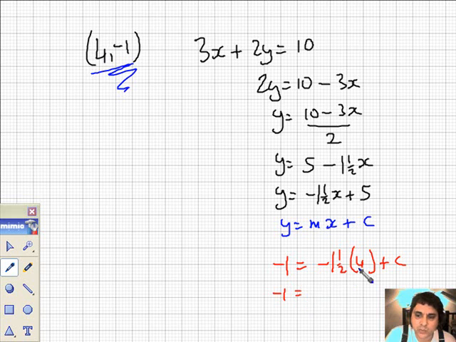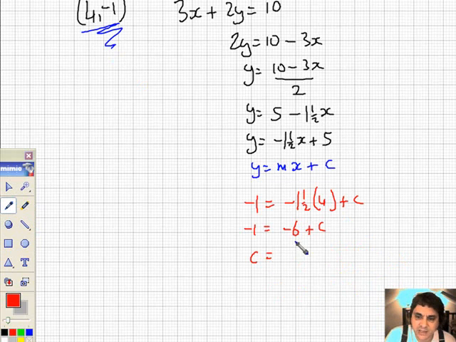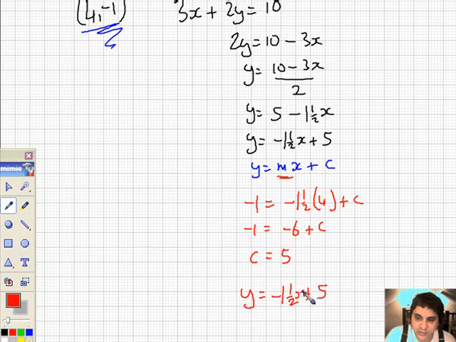So minus 1 equals, what's 1.5 fours? 6. So it's minus 6 plus c. So my intercept is going to be minus 1 plus 6, 5. What equation have I created? y equals, and the gradient is minus 1.5x plus 5. Oh, should be an x there, shouldn't it?